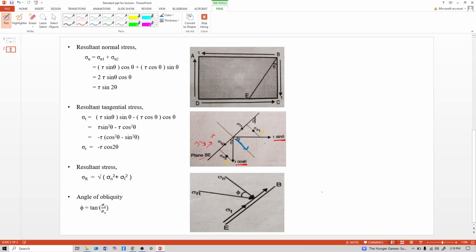Theta is near to this tau sin theta, so it is tau sin theta into cos theta. And sigma n2 also we resolve here. This is tau cos theta, and theta is here, so tau cos theta into sin theta.